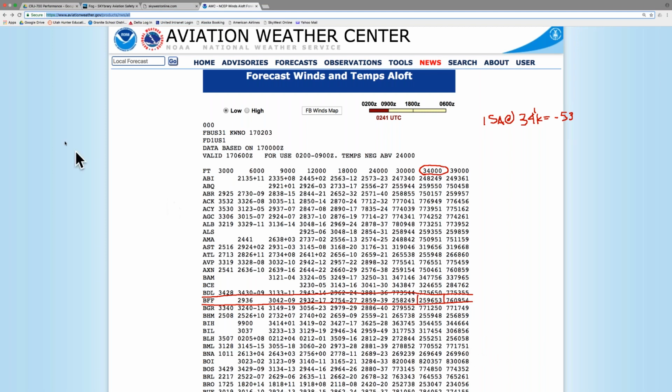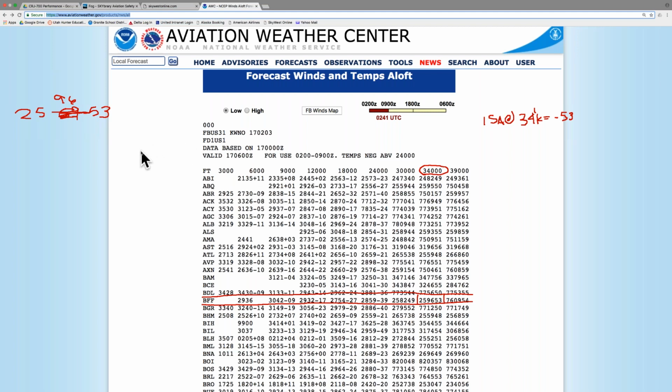So we've got 25, 96, and then 53. We're above 24,000 feet, so what do we assume with our temperature? Negative. That it's negative. This one's super easy.